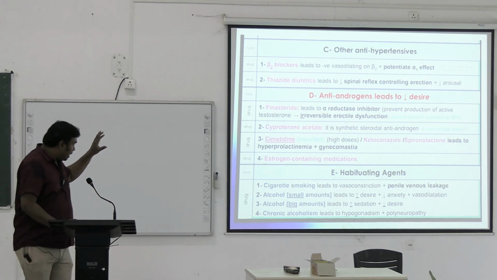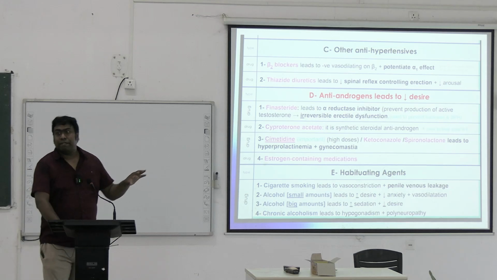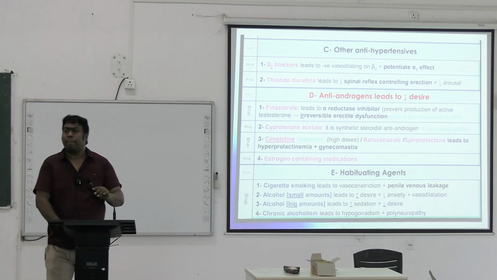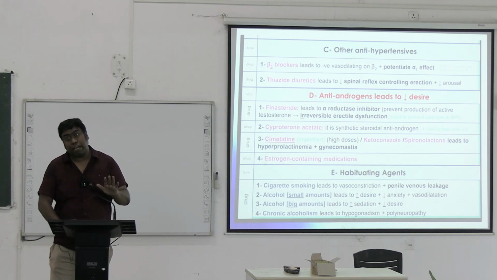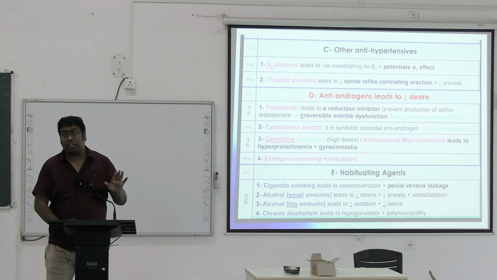Then anti-androgen drugs, cimetidine. Cimetidine is used for... it is antihistaminic. An H2 blocker is not an antihistaminic. Though H2 is a histamine receptor, you can't say it is an antihistaminic. Antihistaminics are H1. Name some.